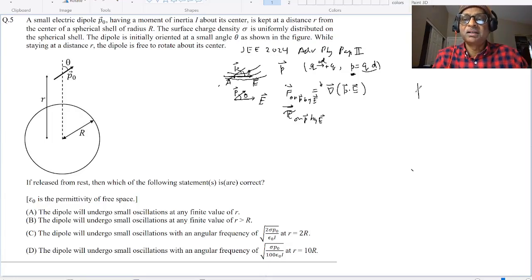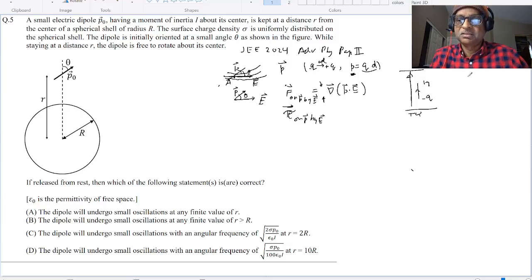See if P is aligned, you can figure out whether it's a minus or plus sign. You can say it's minus q, plus q. If the electric field is pointed that way, then there's some big positive charge here. This is a positive plate, this is a negative plate. You can think of it like that, and then you can figure out the sign. So this is closer to plus, so this is going to be a lower energy situation than if this was pointed that way, minus q and plus q. So this is higher energy and this is lower potential energy.